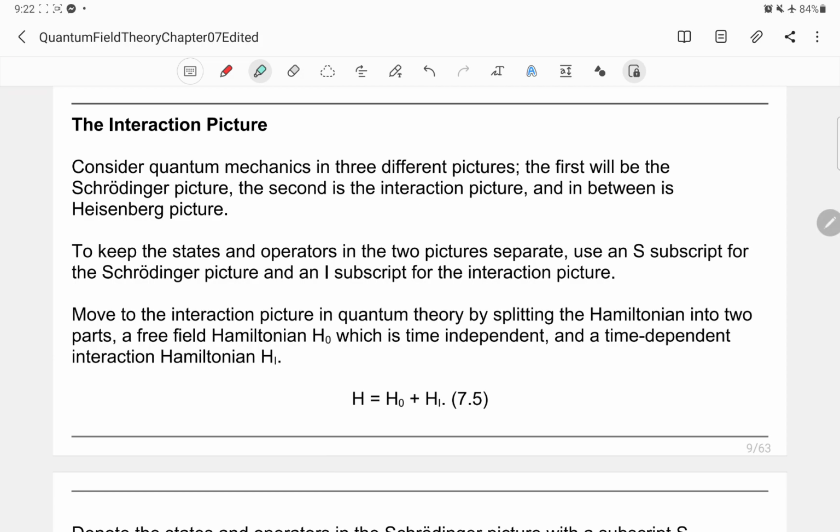We use a subscript S for the Schrödinger picture and I for the interaction picture. In quantum mechanics, we can split the Hamiltonian into two parts: a free field Hamiltonian H0, which is time independent, and a time dependent interaction Hamiltonian HI.